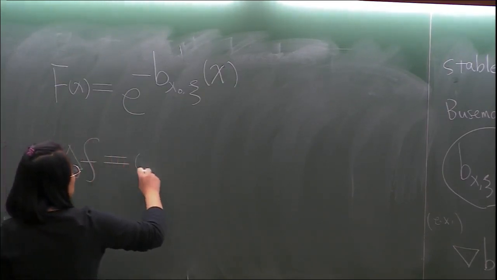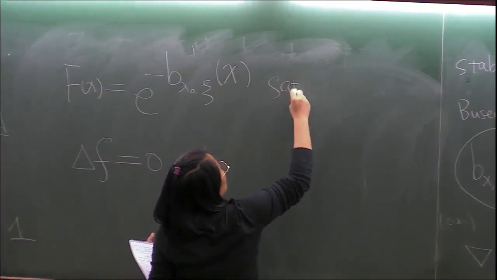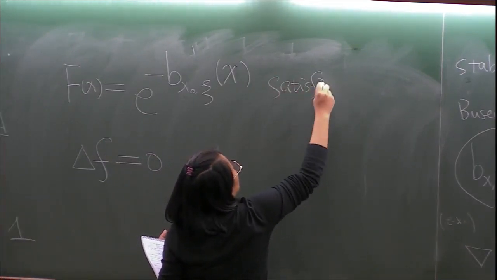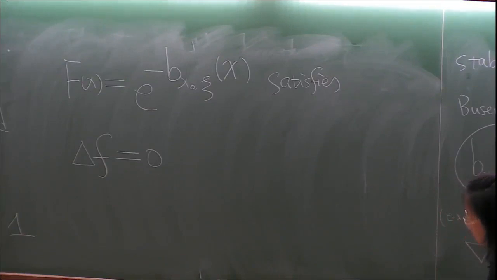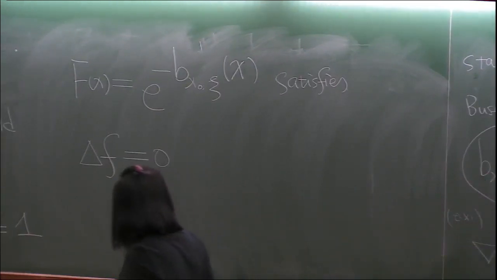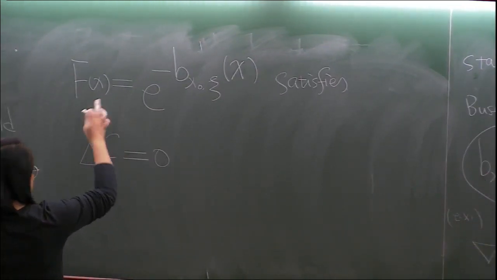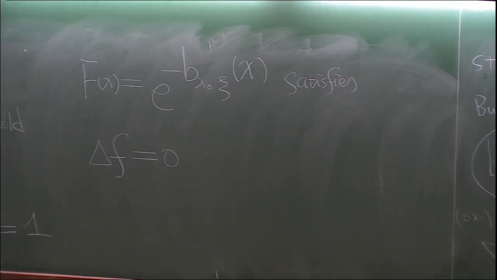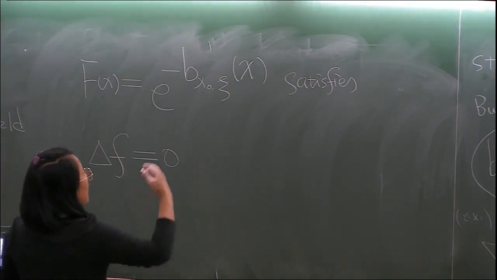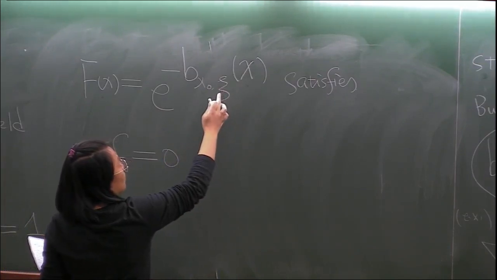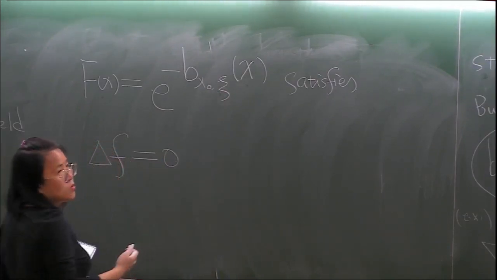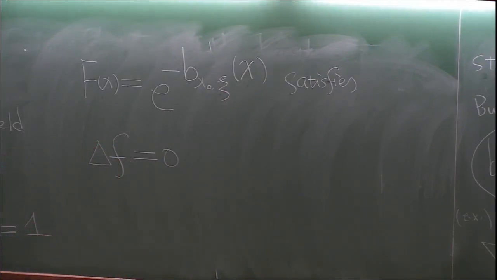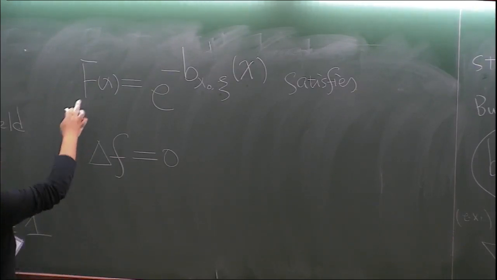It satisfies this equation, it's harmonic, and you can see this F_x, as x goes to c, will go to infinity, and if you let x go to another point in the boundary which differs from c, it will go to 0. So this F, you will meet next week. This is the Poisson kernel. Okay, so this is F.